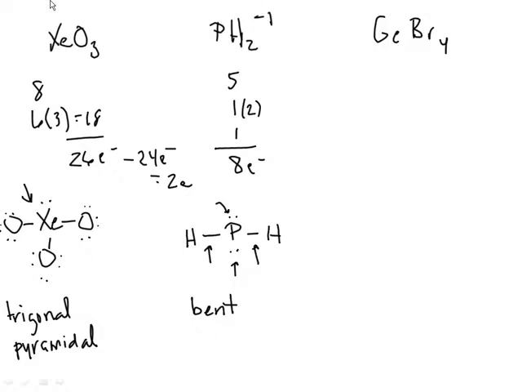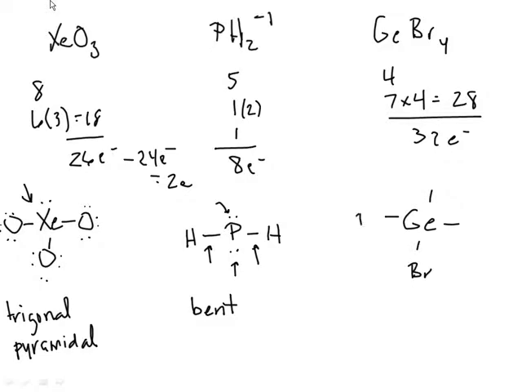Germanium tetrabromide. Germanium has 4 electrons. Each bromine has 7, which gives me a grand total of 32 electrons. So germanium goes in the middle. The bromines go around each side.